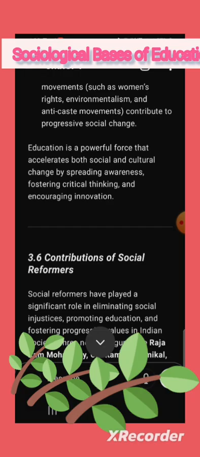So, education plays a crucial role in driving social and cultural change by promoting scientific thinking and rationality over superstitions and blind belief, encouraging gender equality and women's empowerment, spreading awareness about human rights, democracy, and social justice, introducing new technologies that reshape the workforce and daily life. Education empowers individuals to question existing norms and actively participate in shaping a progressive society.